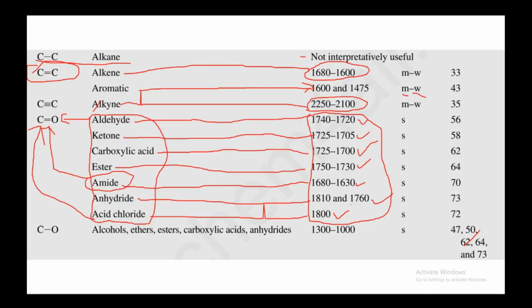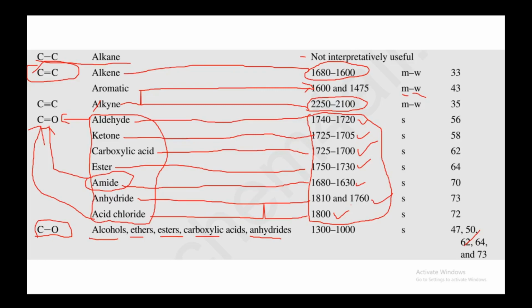Now let's characterize the carbon single bond oxygen that is present in alcohols, ethers, esters, carboxylic acids, and anhydrides. This bond appears at around 1300 to 1000. And remember, in IR spectroscopy we have two regions: the functional group region and the fingerprint region.